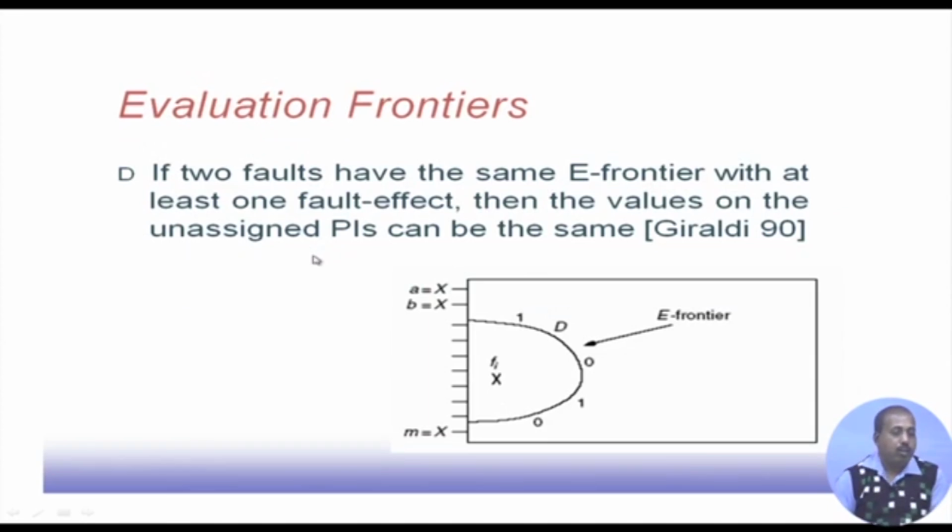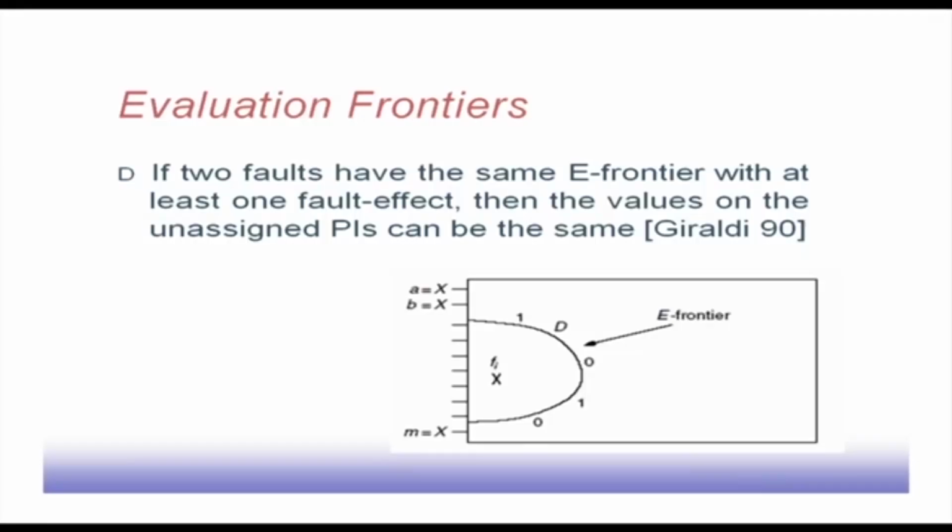Another way of speeding up this test pattern generation process is the evaluation frontier. Say for a particular fault Fi, suppose at some point of time we find that this is the evaluation frontier, that is, these lines must be set to these values: this point 1, this point D, this point 0, this point 1, this point 0, and for these inputs, they need to be assigned some value.